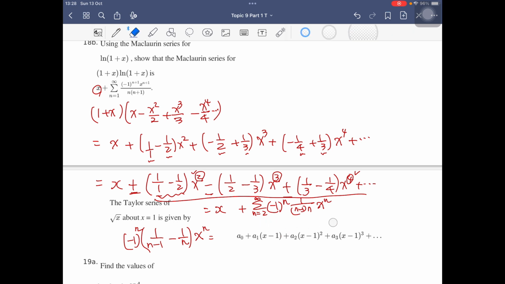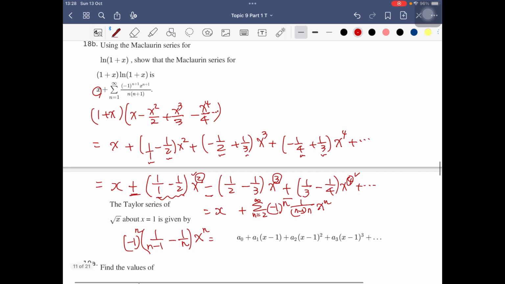But the problem is, this is not the same form as we need to show. Here it starts from 1, and we have n here, but it has n plus 1. So let's put n plus 1 into n.